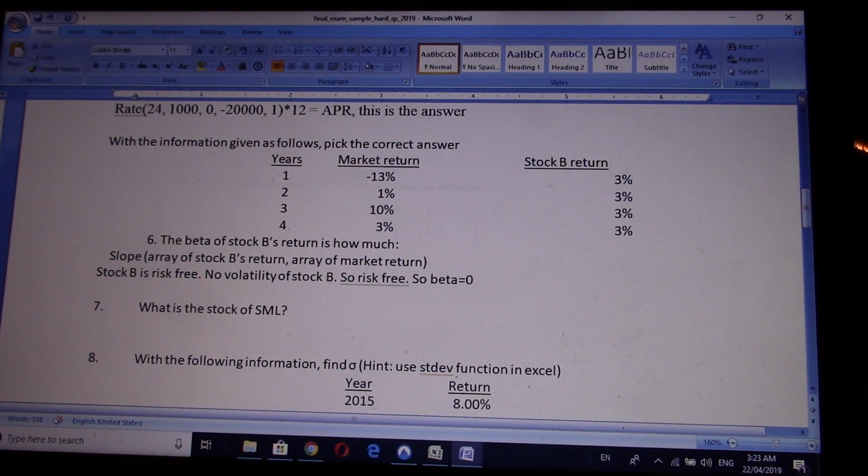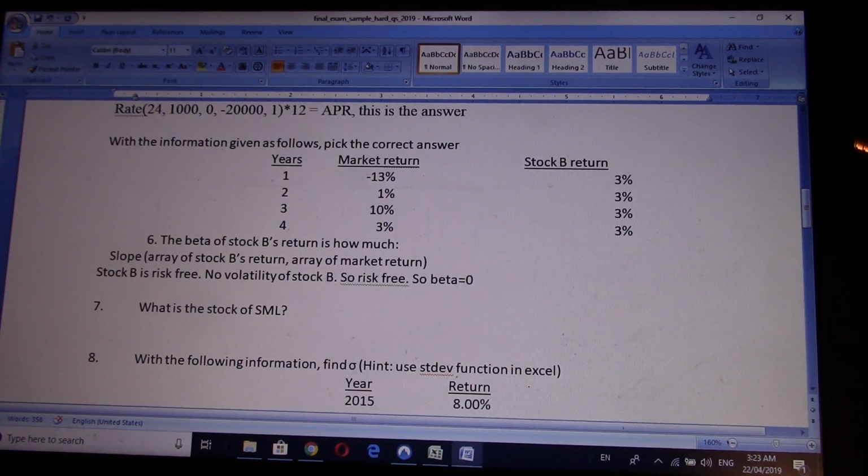The market beta should be 1. That's a benchmark. The market portfolio has every stock in it, so it's a benchmark. For this security, its return is not changing at all. So it's risk-free. Market goes down, you still get 3% from stock B. So beta should be 0.